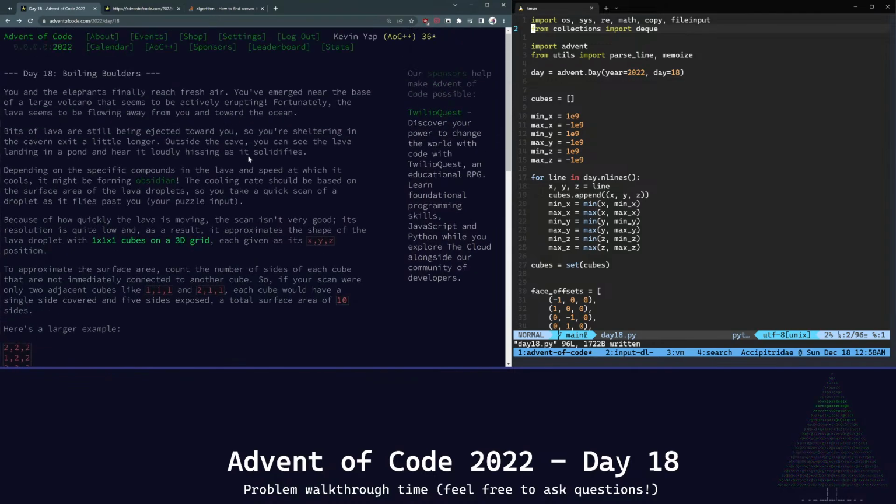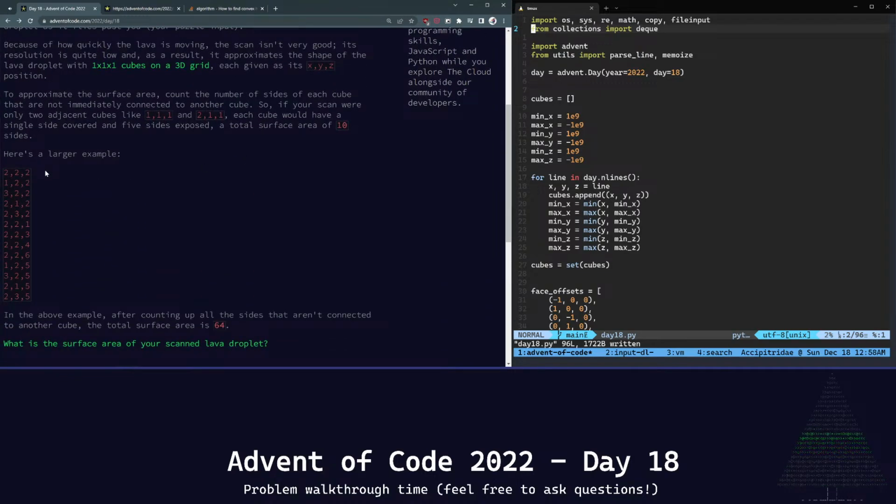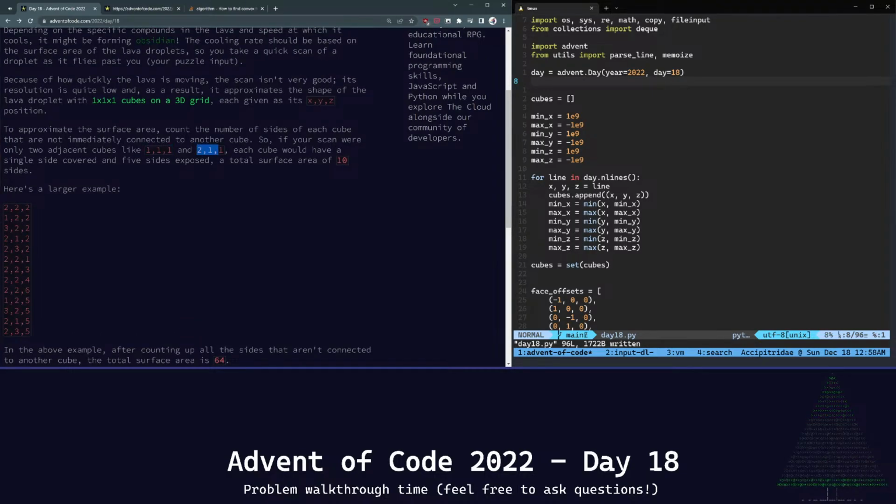And the goal of part 1 is to figure out how many sides are not being touched by another side. So obviously a cube has 6 sides or faces, and in this example, 1, 1, 2 and 2, 2, 1, if we visualize it, you can think of that as one cube directly next to another cube.